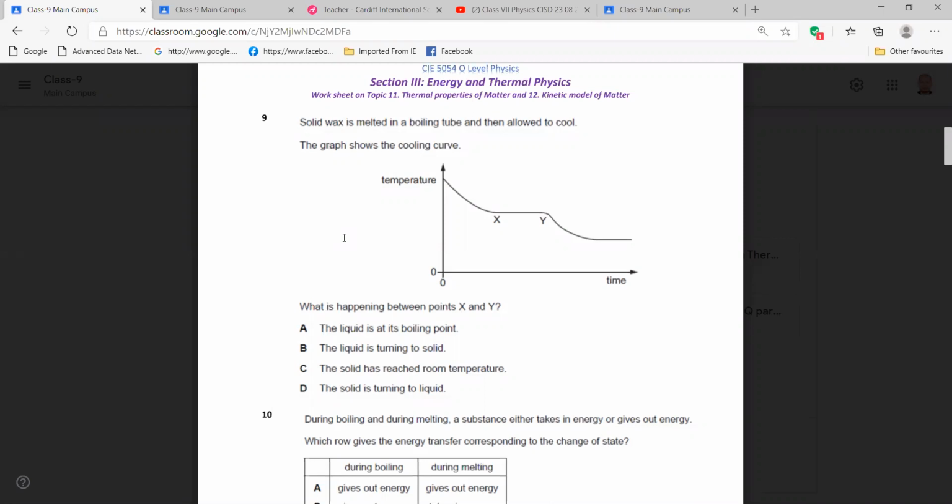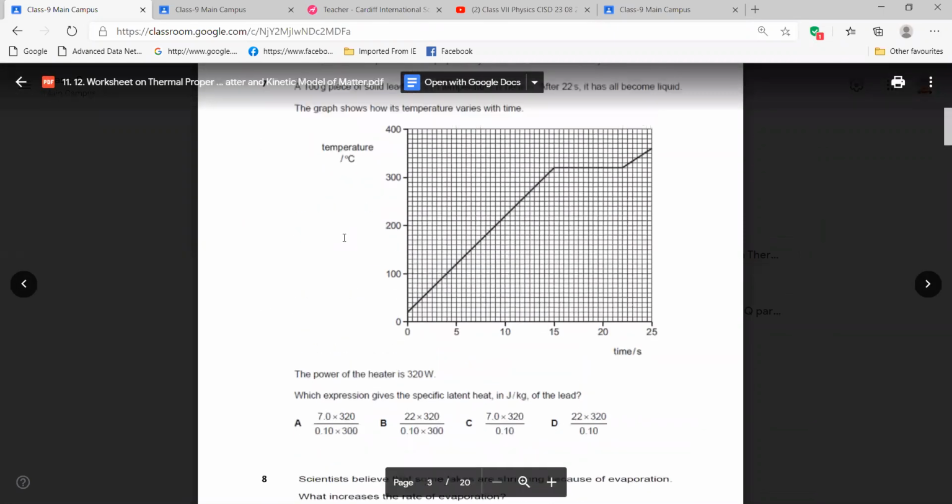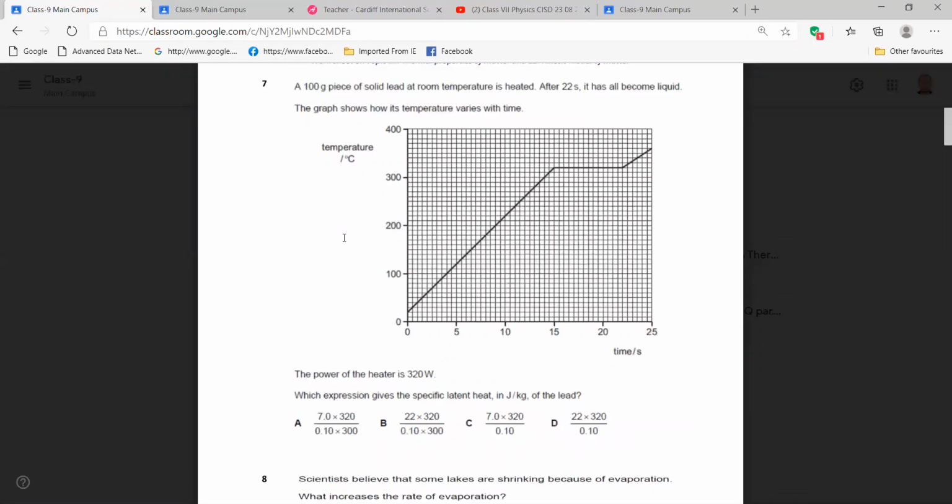You should focus, or be careful, by seeing whether it is a cooling curve. Is the temperature going down or increasing up? That will give you an idea. Like the previous one, here the temperature is increasing, right? That's why we are getting melting, fusion.